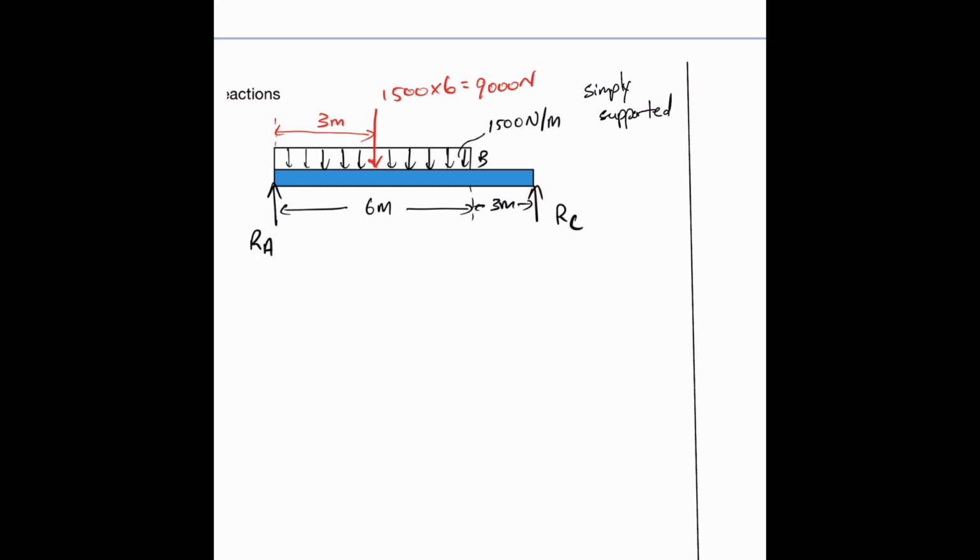And we want to get the bending moment and shear force diagram. We could find this at 1 meter intervals, meaning that for every 1 meter, you calculate the shear force value and the bending moment value. And so the first thing we need to do is determine the reactions.